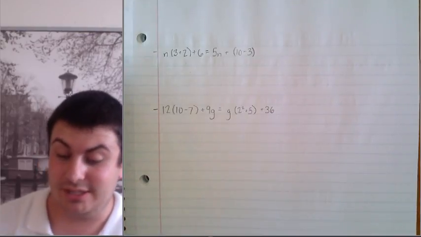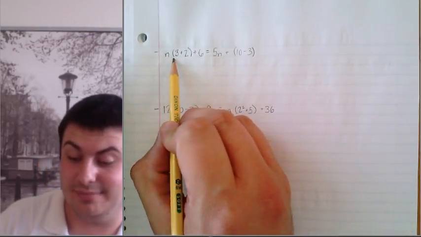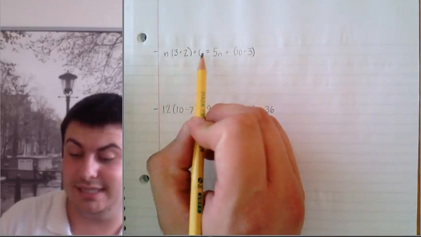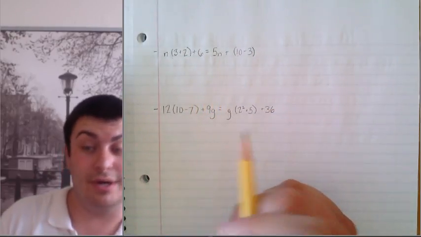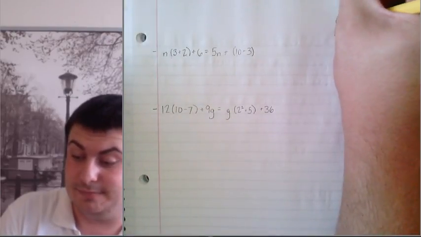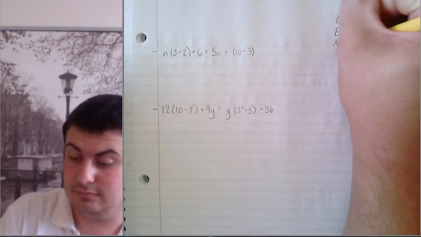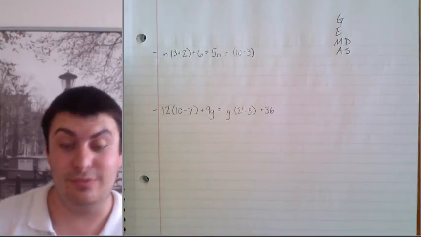Bear with me. So if we are solving n times the group 3 plus 2, plus 6 equals 5n plus the group 10 minus 3, we're going to start, again, with order of operations. We're going to start with what's in a group.